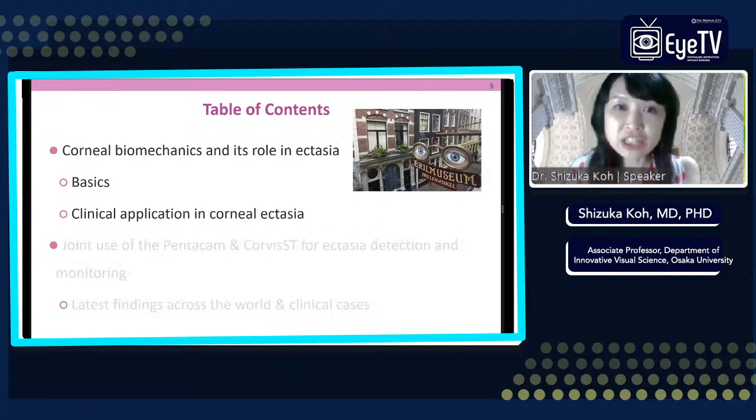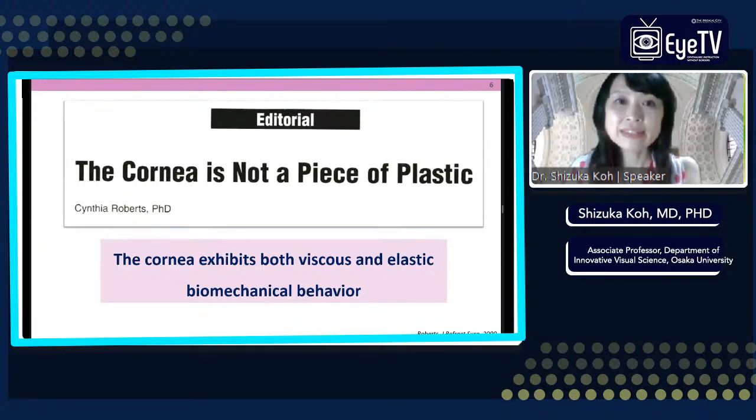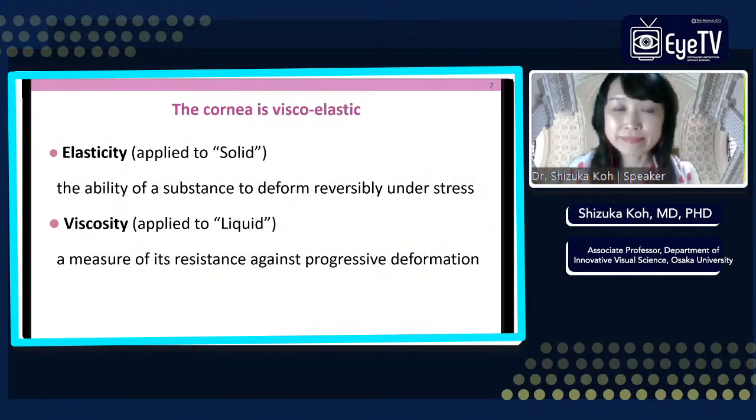The cornea is not a piece of plastic. This is a very famous phrase by Professor Cynthia Roberts, who has made a great contribution to the field of corneal biomechanics. The cornea exhibits both viscous and elastic biomechanical behavior. Elastic is usually used for solid.